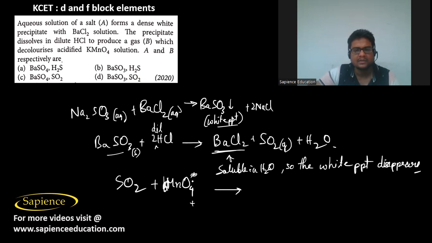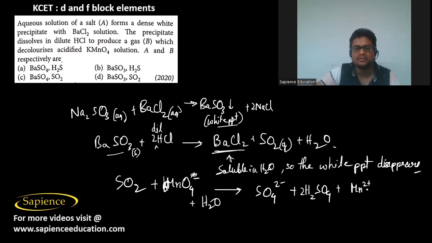So here MnO4- ion will react with SO2 to form sulfate ion and H+. So here H2SO4 will be formed, and Mn2+ ion will be formed. So it will decolorize the KMnO4 solution.